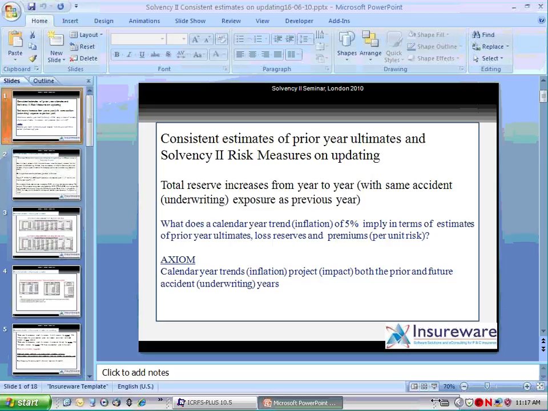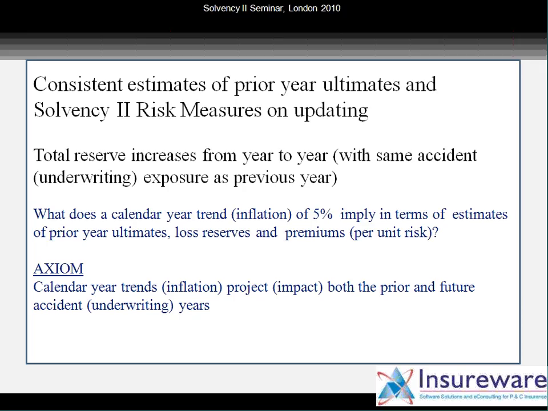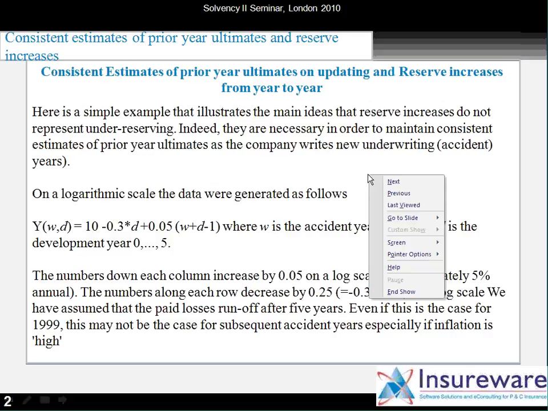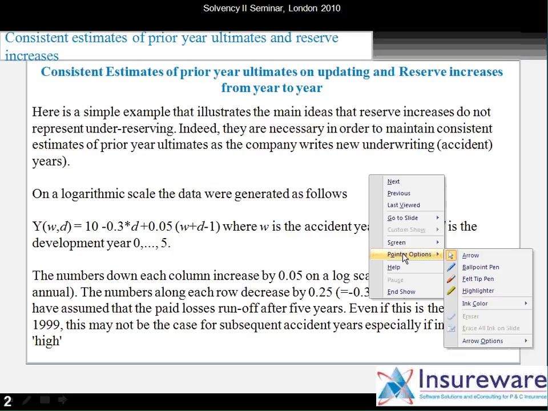So let's look at a simple study where I've done a simple simulation. Let's suppose we create some data which has no process variability. It's essentially deterministic. And this data is based on this particular equation on a logarithmic scale.